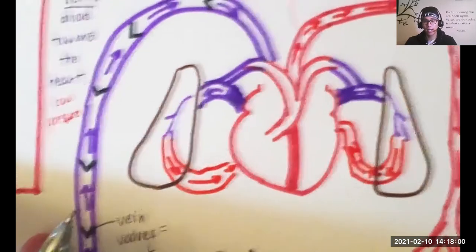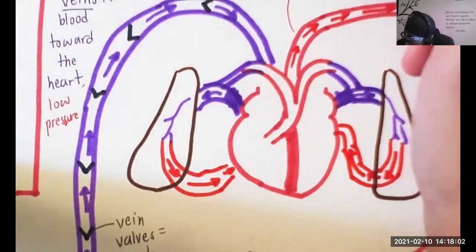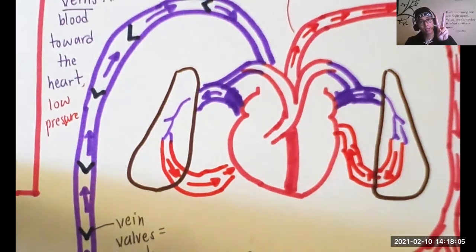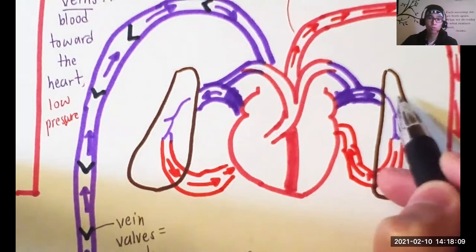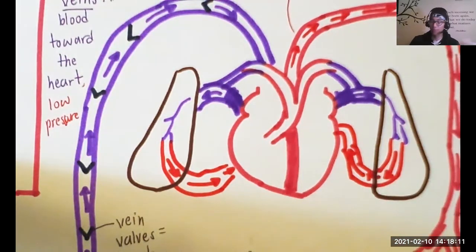Okay, let me write down these notes here. The second loop has to replenish the O2 and get rid of the waste.